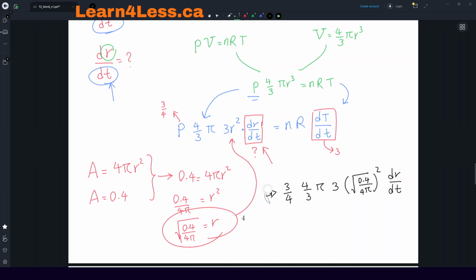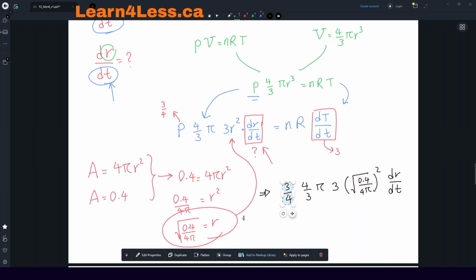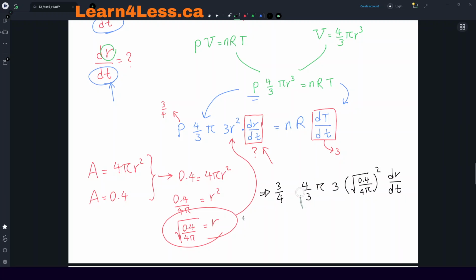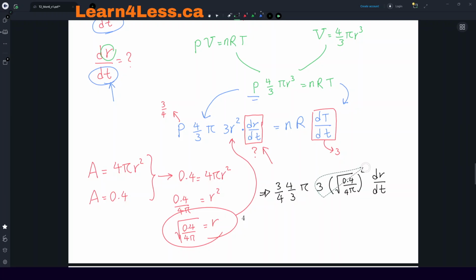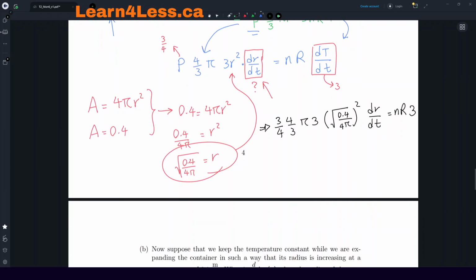This is the left-hand side. And the right-hand side would be simply n, r, and 3. And don't forget that we are looking for this dr over dt here.